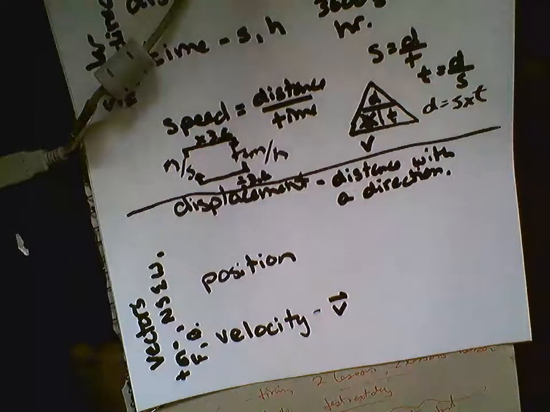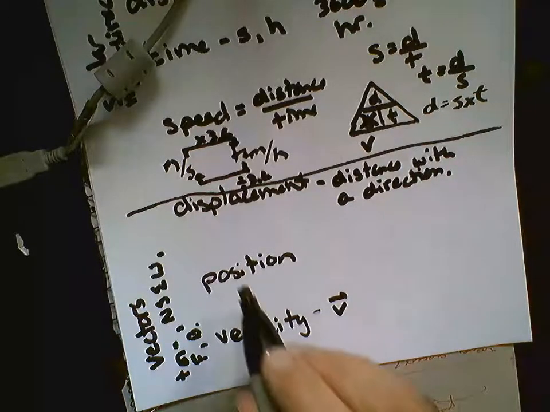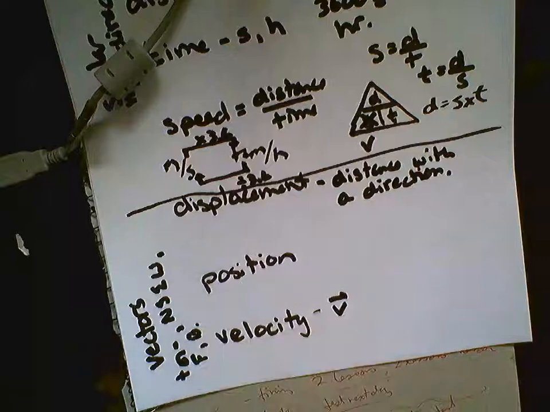Remember, speed is important for certain things, velocity is important for certain things. If the direction is important, velocity, or the vector, is going to be very important, and we will use velocity. What we have to do now is talk about velocity, position, and displacement.